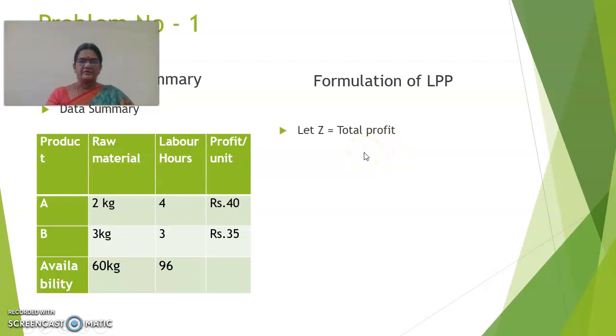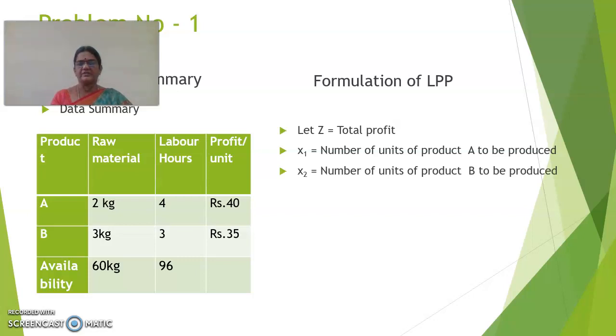Now, in an LPP, the objective function is denoted by Z. In our problem, Z is the total profit. Let X1 be the number of units of product A to be produced and X2 the number of units of product B to be produced. X1 and X2 are the decision variables in this problem.